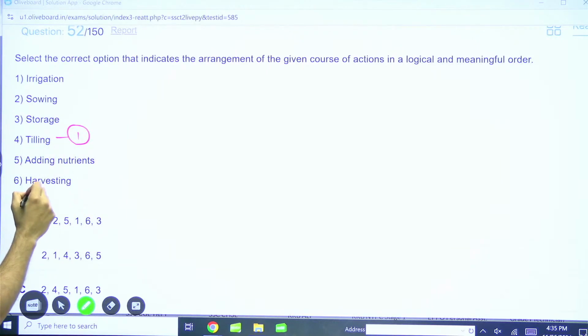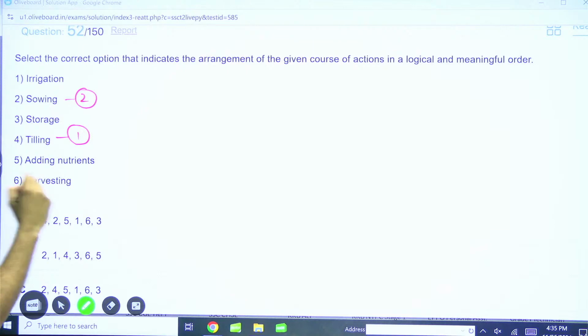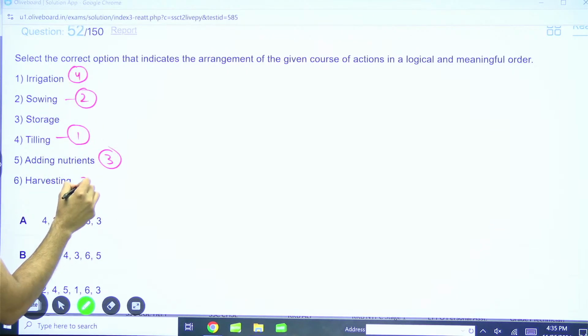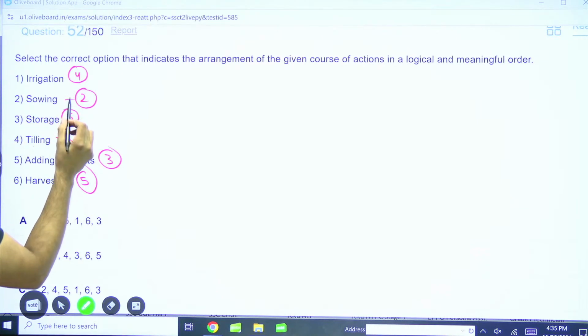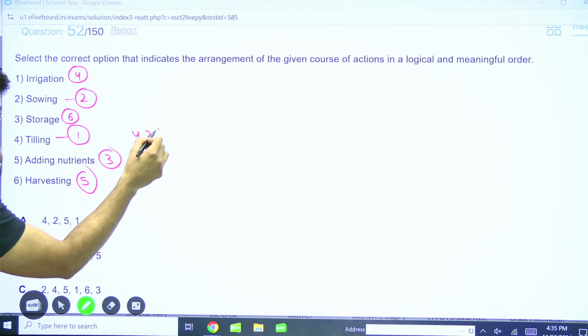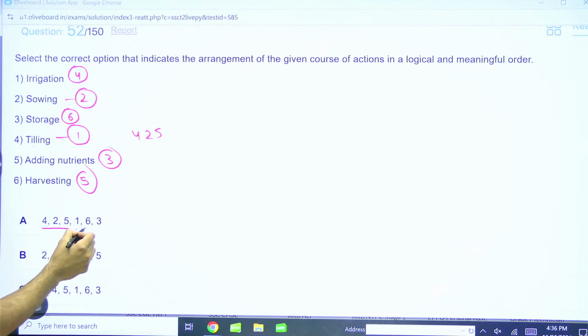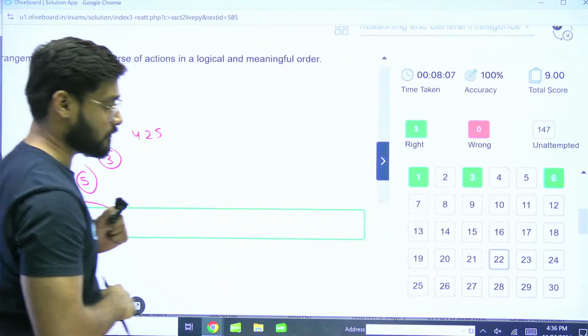After tilling, sowing should be done. After sowing, nutrients should be added. Then irrigation, then harvesting, and then storage. The answer should be 4, 5, then 1, then 6 and 3. So A should be the right answer. Let's mark A. Yes, it turns green, hence we are right.